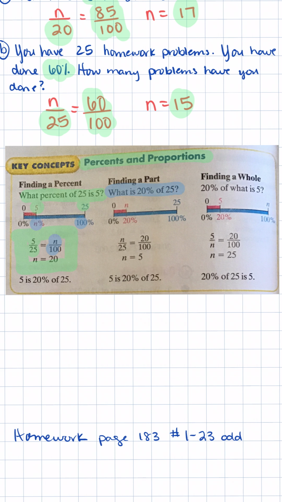What is 20% of 25? What is the number we're looking for of 25? 20%, 20 over 100. So n is equal to 5.